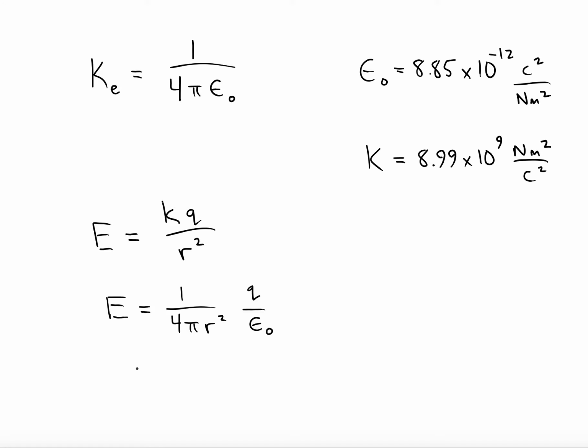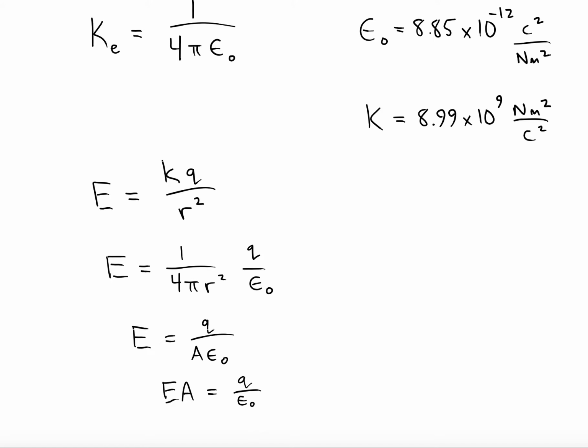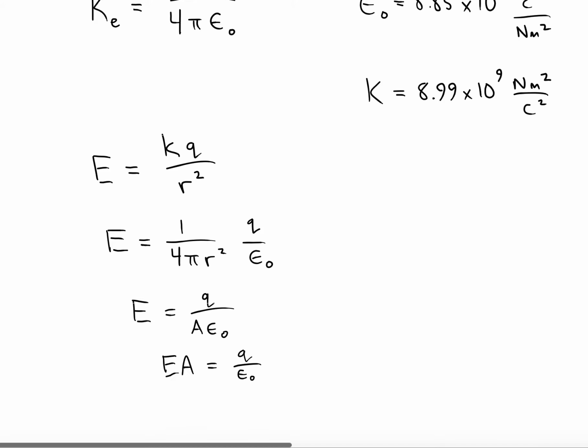For any sphere, 4 pi r squared would be the area of it. So we would get this, and then if we multiply that area to the other side, we get this result, which is a formula that we often use for finding the flux through a surface. This reveals the formula for Gauss's law.